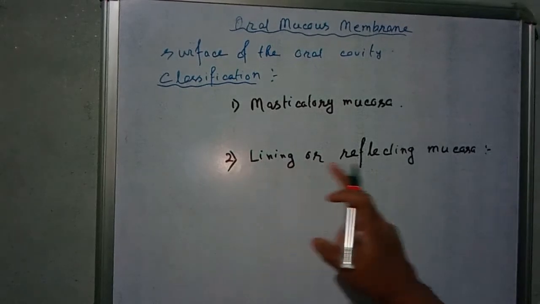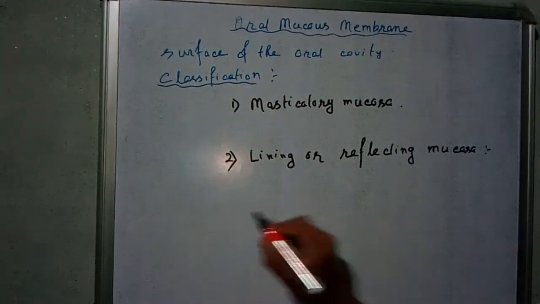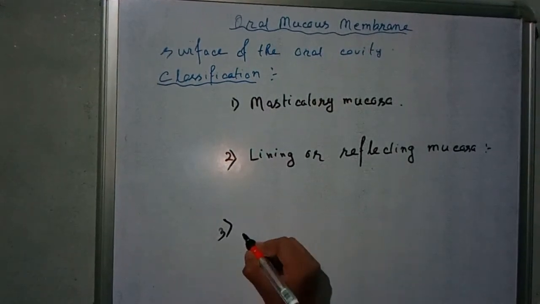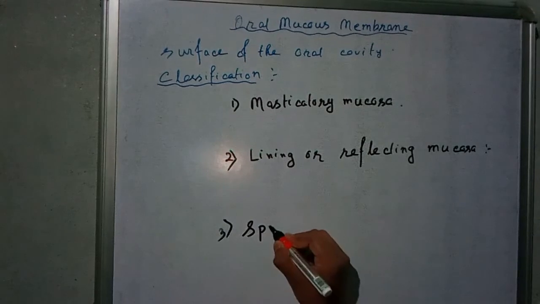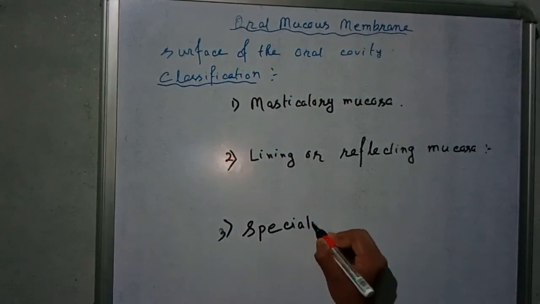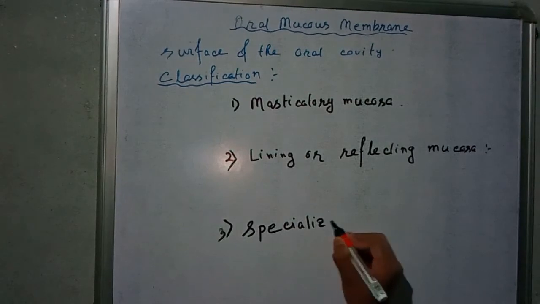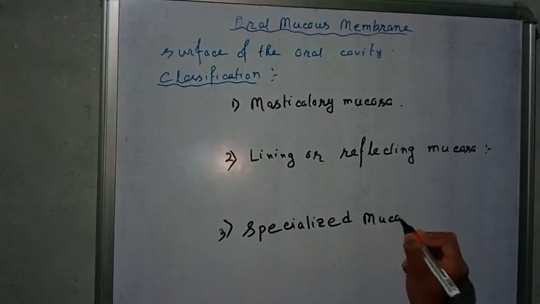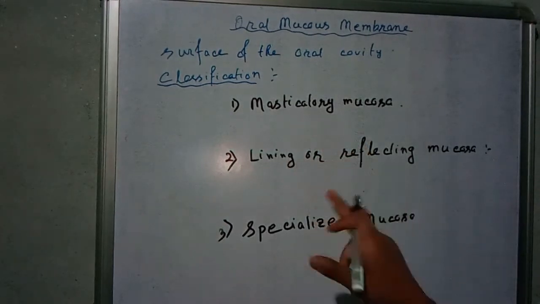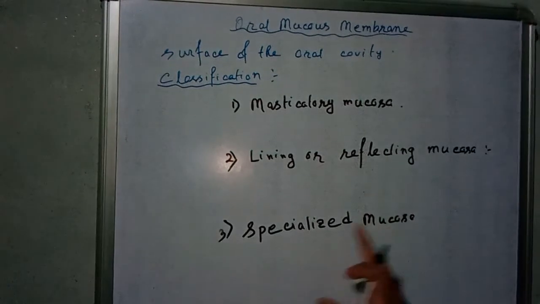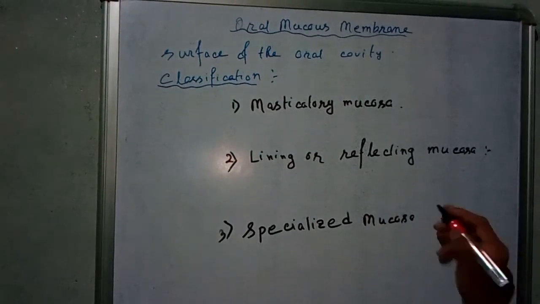And number three is specialized mucosa. So there are three types: masticatory, lining or reflecting, and specialized mucosa.